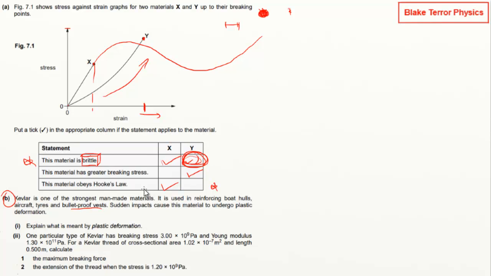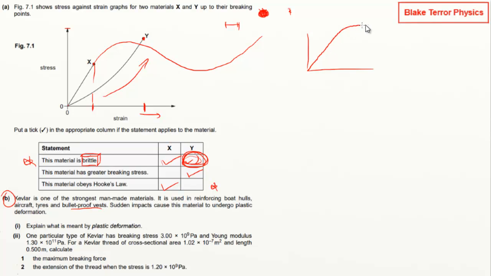So plastic deformation is where you've got a permanent extension to the material. So there will be a permanent extension once the stress or the force has been removed from the material. There will still be an extension. So these are the ones where you get your stress strain graph.